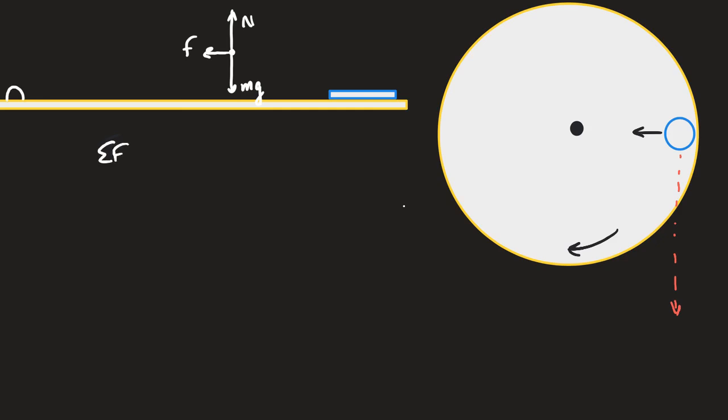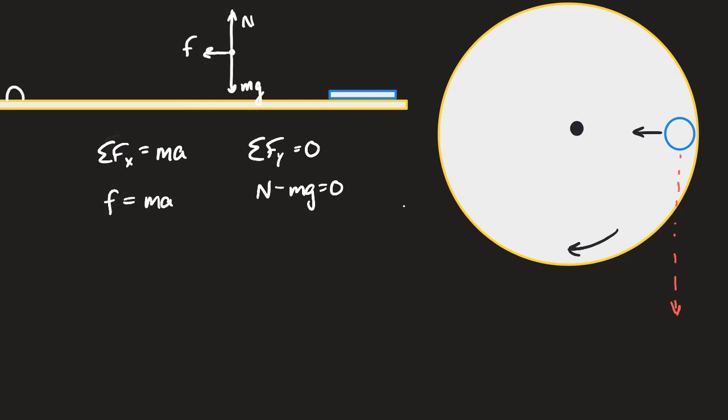Net force in the x direction equals ma. It's unbalanced. Net force in the y direction is 0. Those are balanced. So normal minus mg equals 0. On the other hand, friction equals ma.